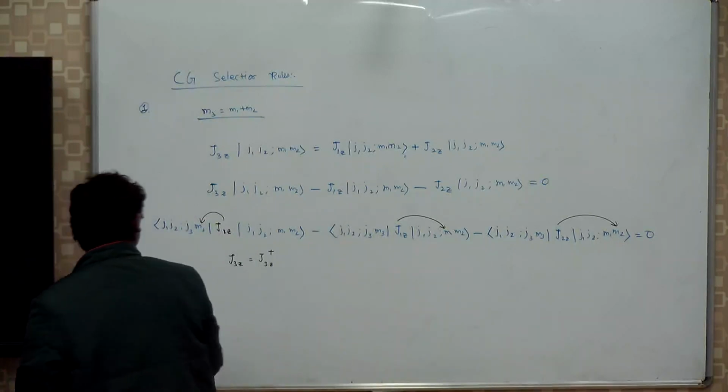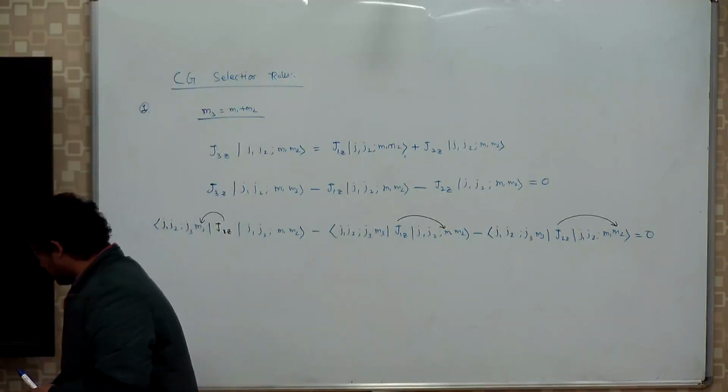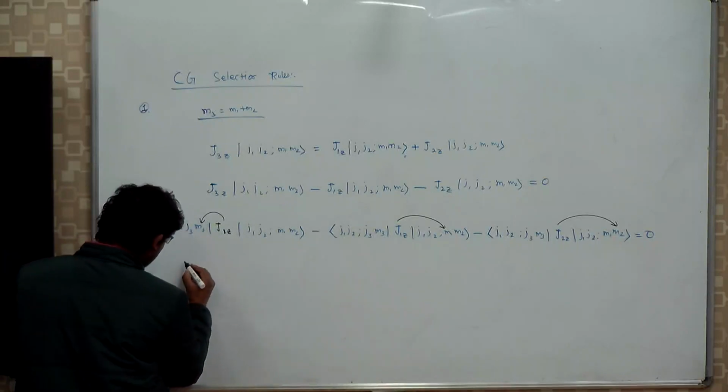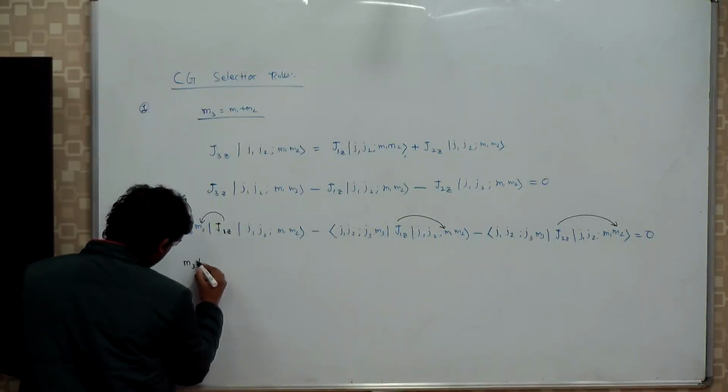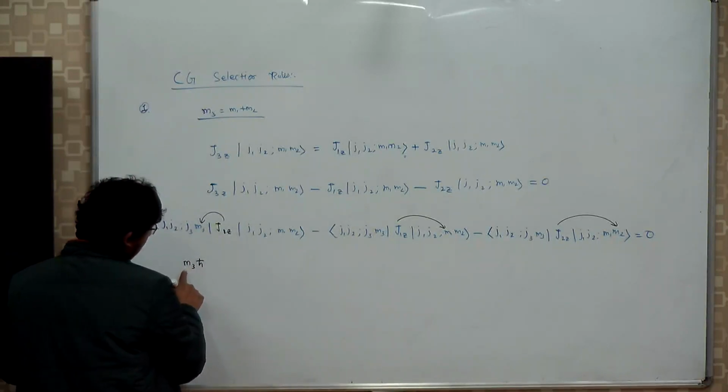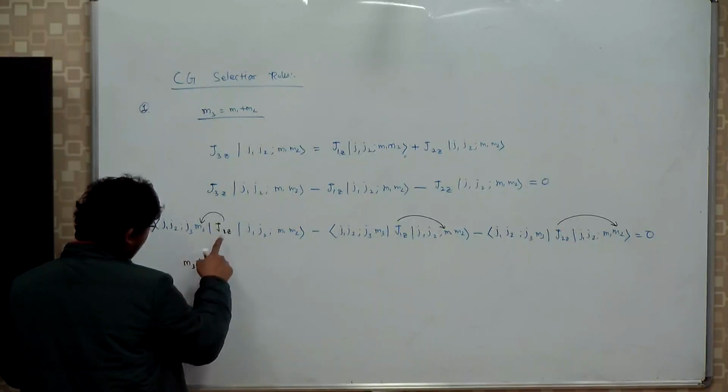In that case, the final result we will get is m3 h cross, which is the eigenvalue when J3 acts on a coupled state.